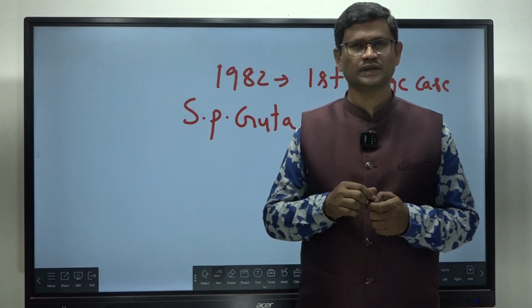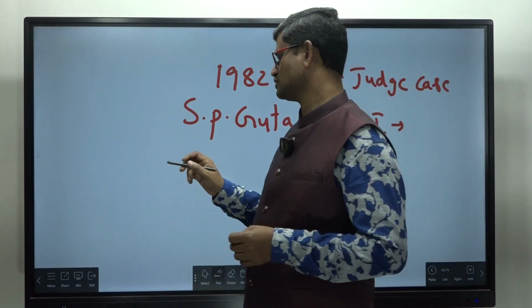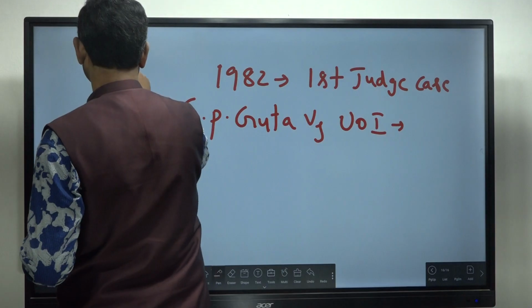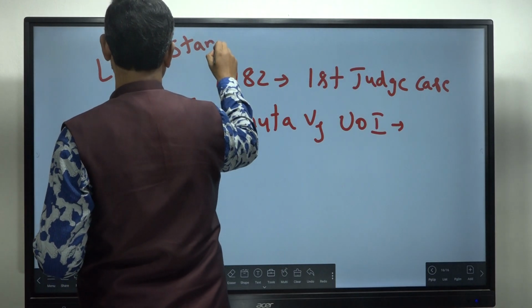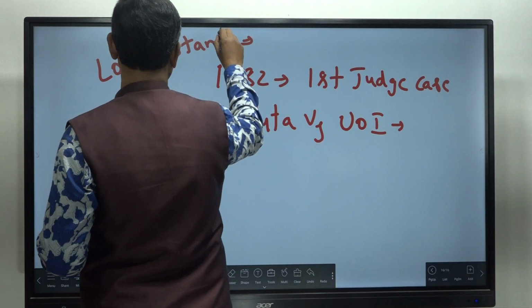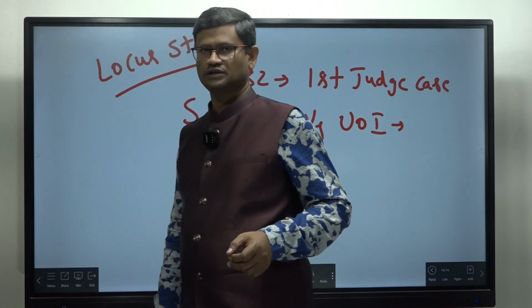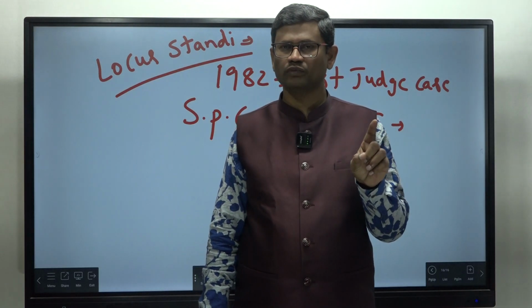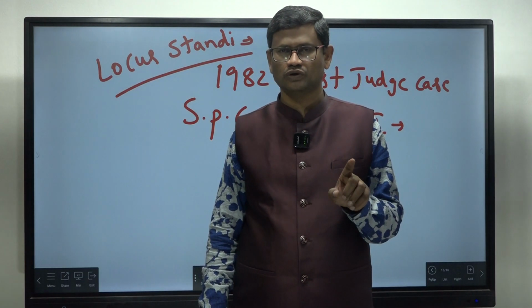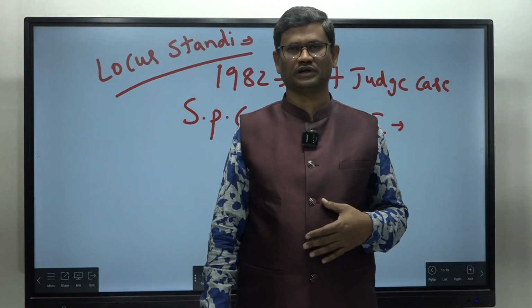So in India, there is a legal principle called the principle of locus standi. This principle says only the aggrieved citizen can go before the High Court or the Supreme Court for the enforcement of his fundamental rights.